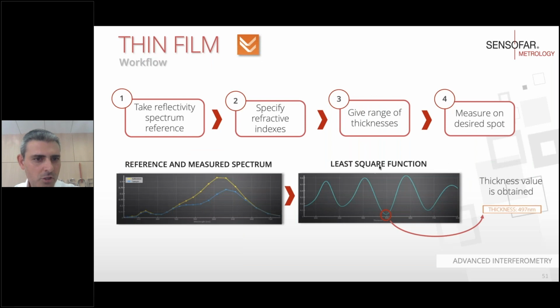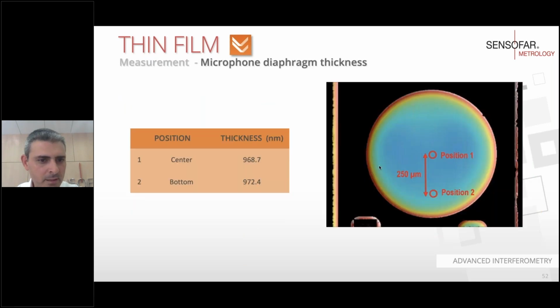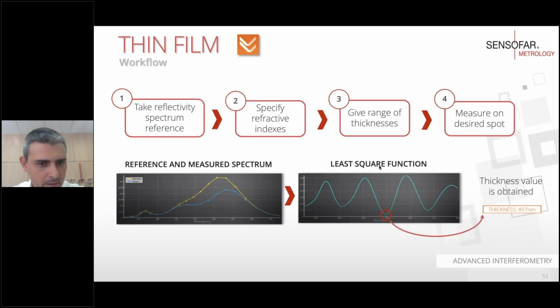So that is an image of the software we have implemented at Sensofar, in which the yellow curve belongs to the measured reflectivity on a reference silicon sample, and the blue curve belongs to the measured reflectivity on a silicon oxide layer.